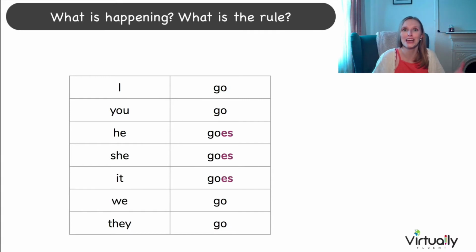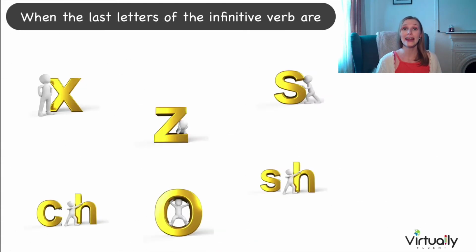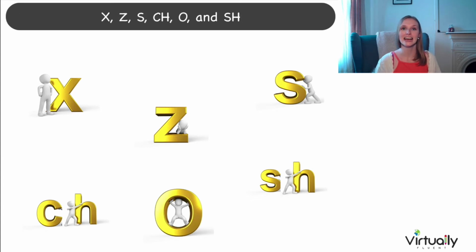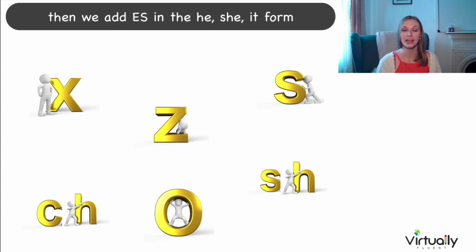What is happening? What is the rule? When the last letters of the infinitive verb are X, Z, S, CH, O, and SH, then we add ES in the he, she, it form. This is very similar to the plural rule.